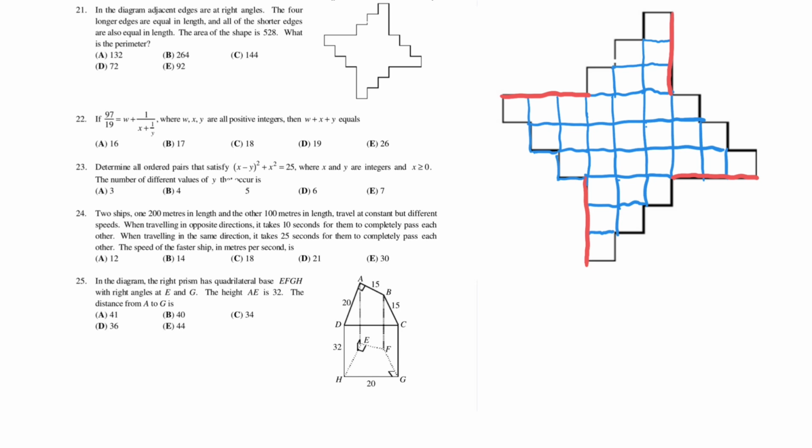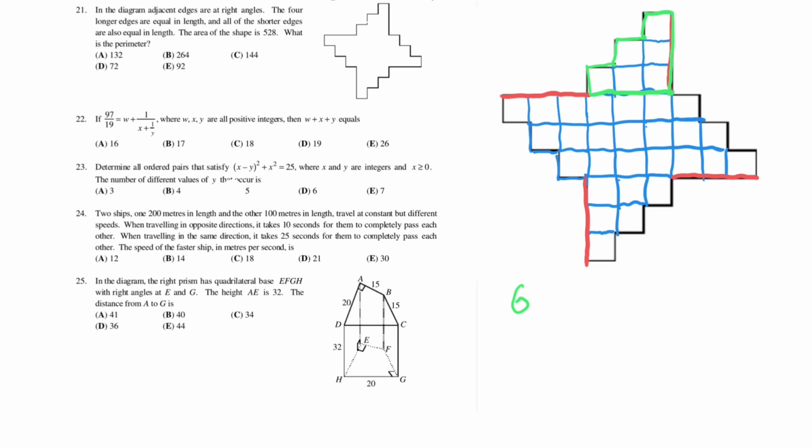So how do we calculate the area? Look here. Let's draw along this one, the green part. How many squares? That's 6. 1, 2, 3, added together, that's 6.